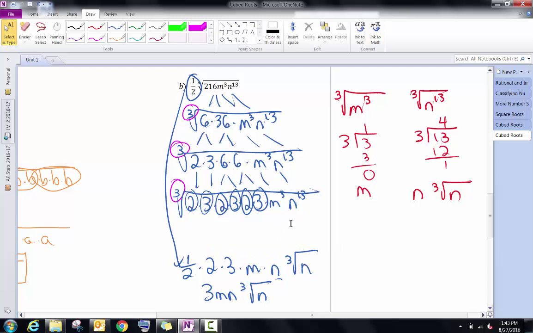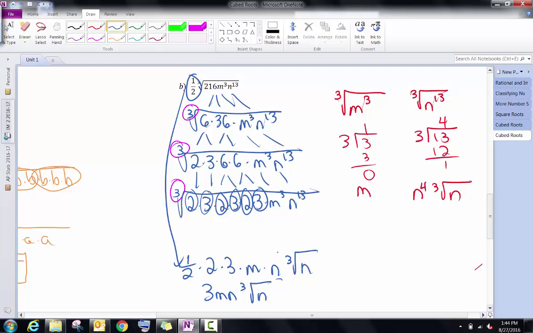Now looking at the variables, the cubed root of m cubed, well, 3 goes into 3 one time. We have one group of 3 with no leftovers, so it's just m. So I bring out an m. With n to the 13th, 3 goes into 13 4 times, so I'm going to bring out 4 n's, and I forgot to write that.